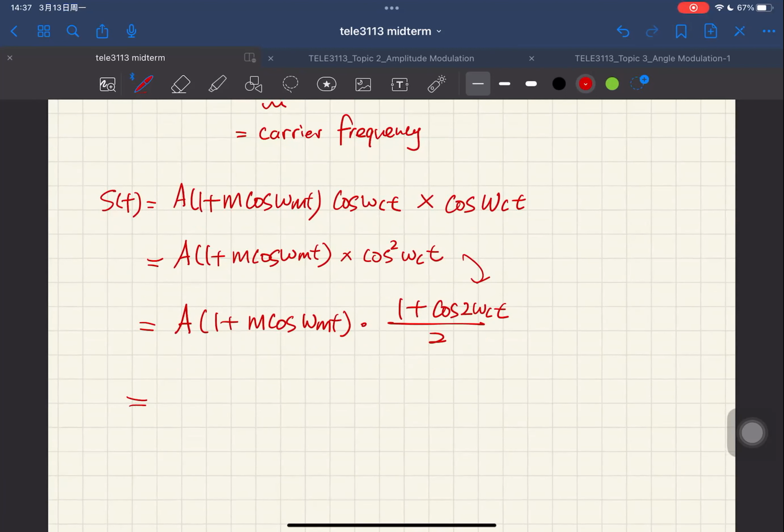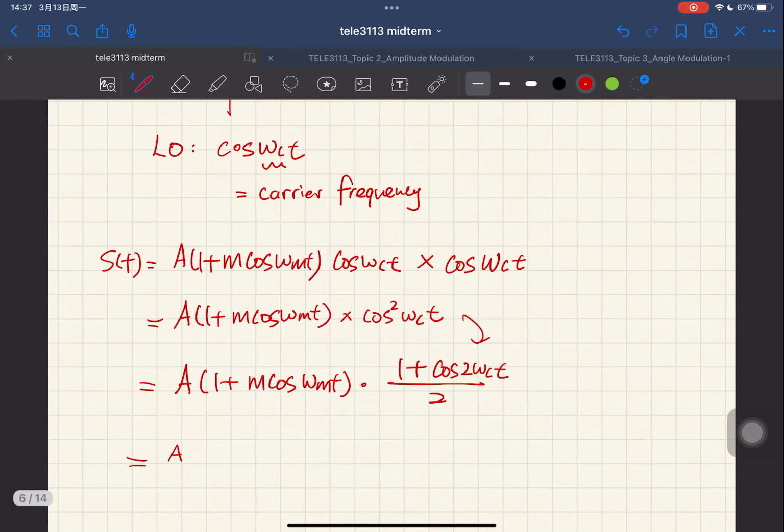And eventually, after you expand this term, you will get your result. Let me expand it. We probably don't have to write this form down.